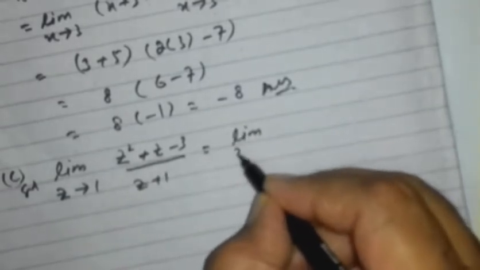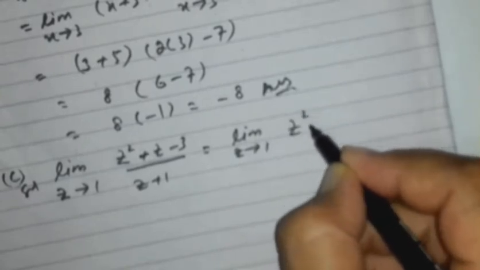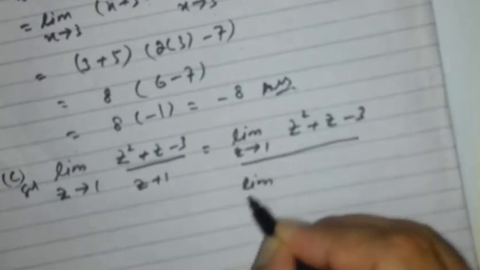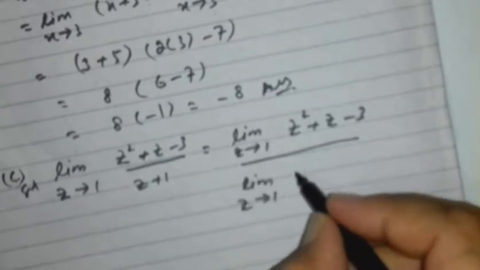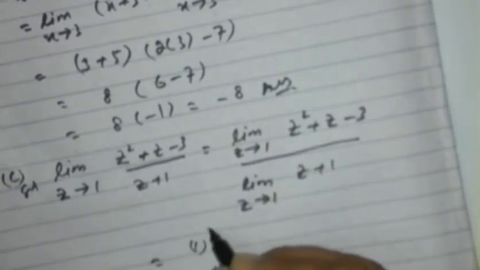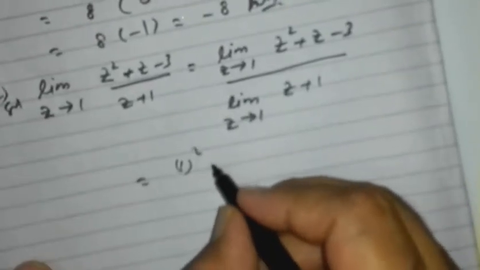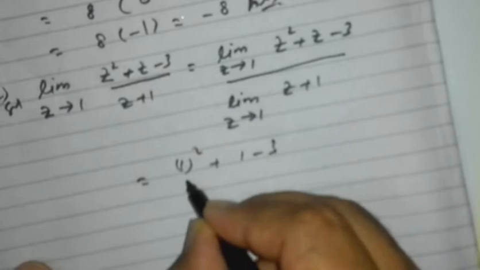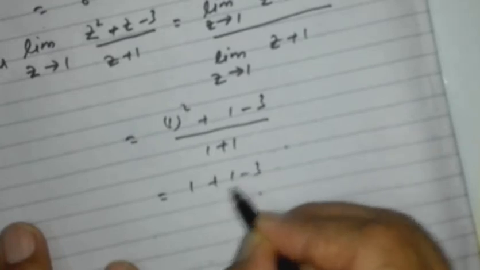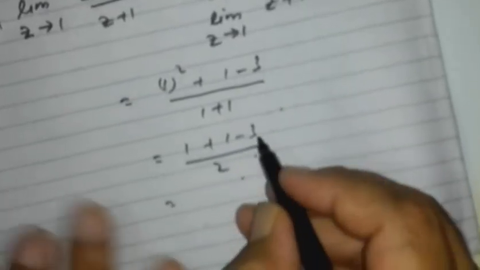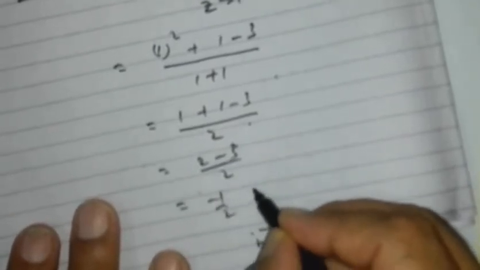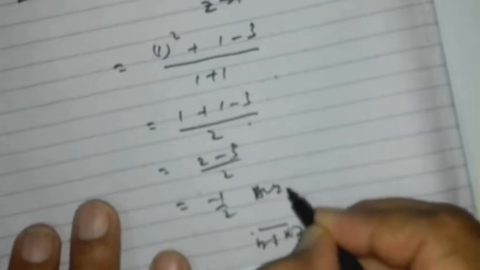So limit z tends to 1 of z square plus z minus 3 divided by limit z tends to 1 of z plus 1. So here 1 square plus 1 minus 3 divided by 1 plus 1. 1 plus 1 minus 3 divided by 2. So 2 minus 3 divided by 2, minus 1 divided by 2 is the answer.